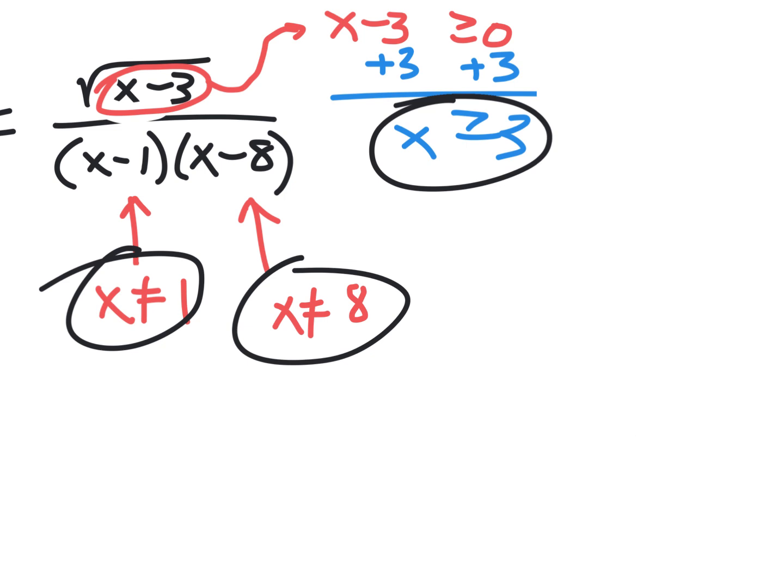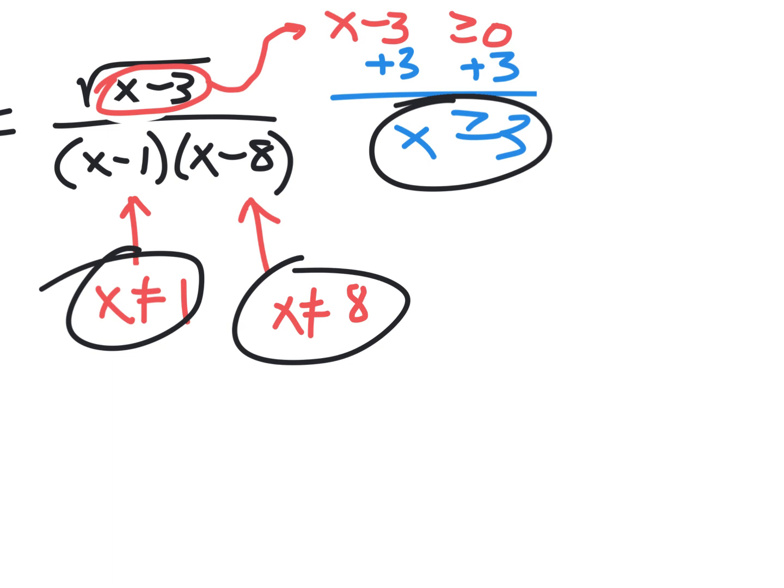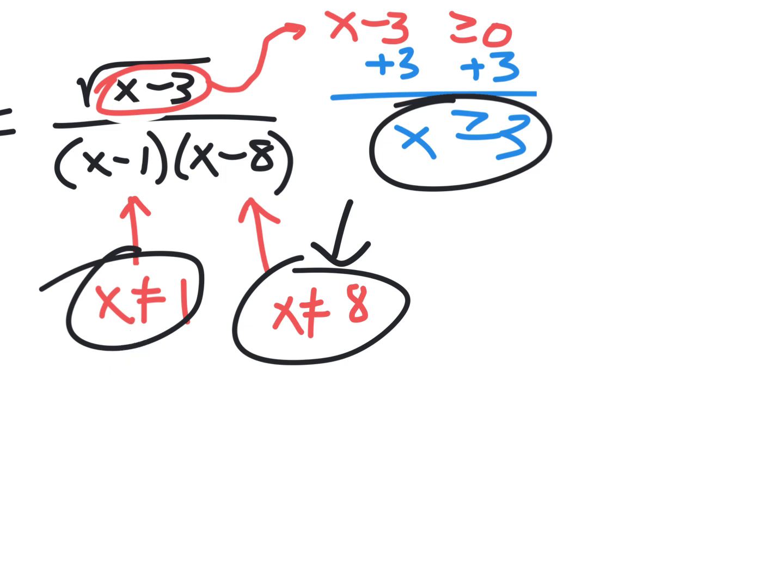All right, 1, 3, 8. What does it say about 1? Can't be 1. Just an empty spot. That's all you have to do to graph that. Can't be 1. Can't be 8. Empty spot. What does this mean?